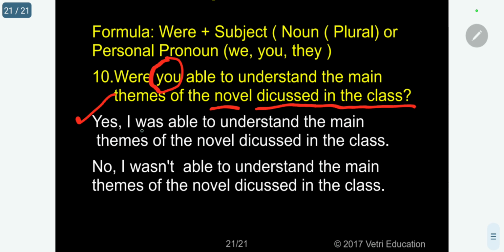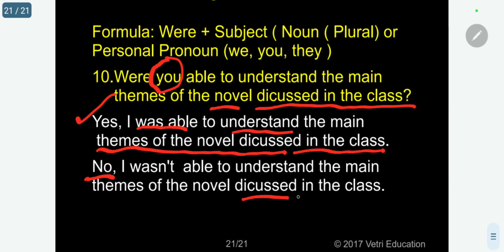Yes, I was able to understand the main themes of the novel discussed in the class. Please follow here. No, I was not able to understand the main themes of the novel discussed in the class.